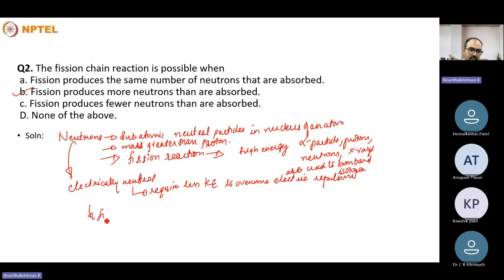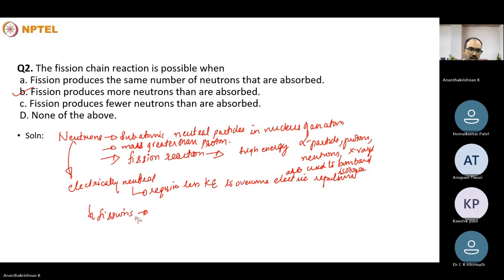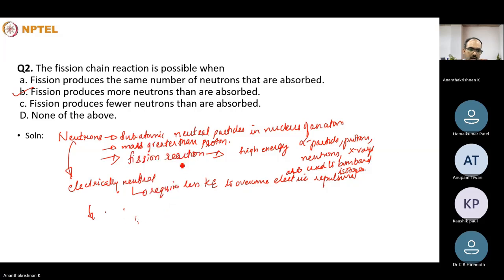In a fission reaction, two or three neutrons are produced for every neutron bombarded.